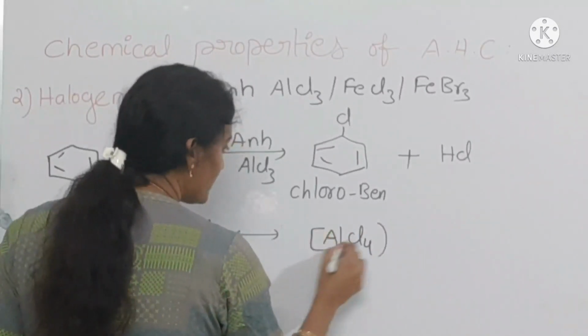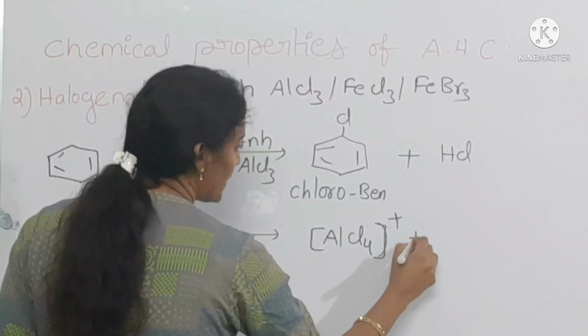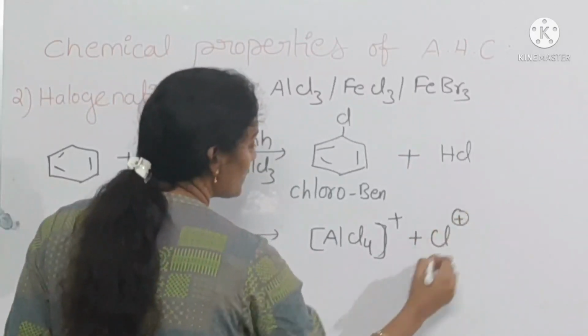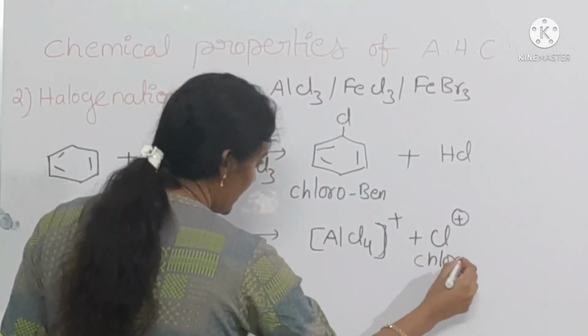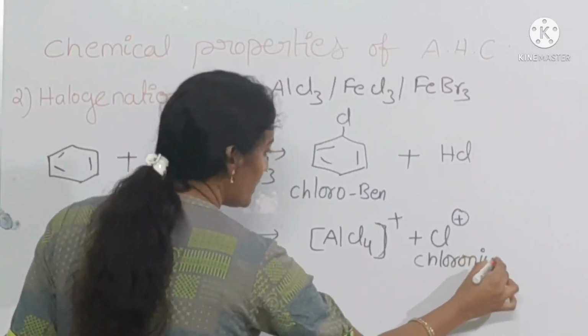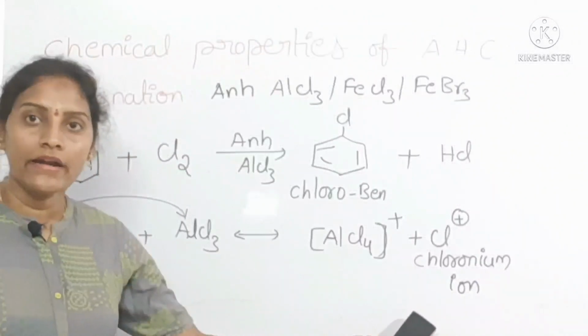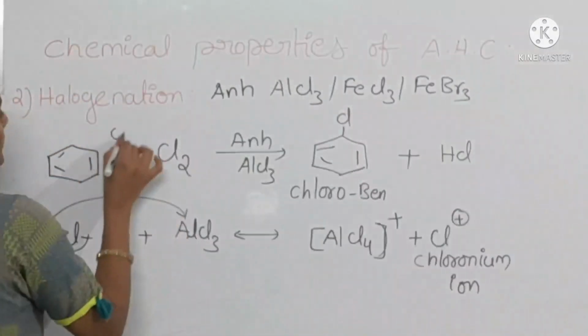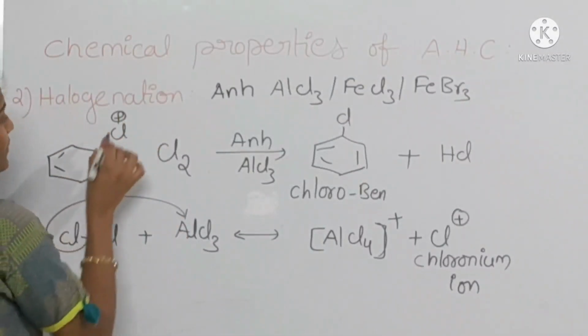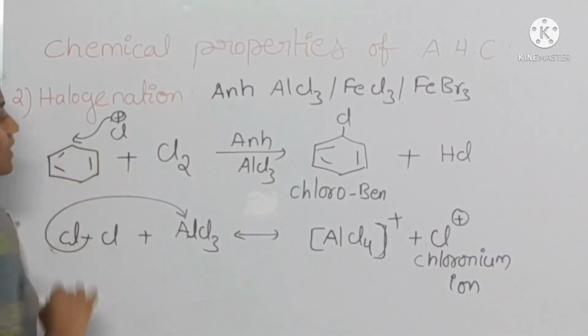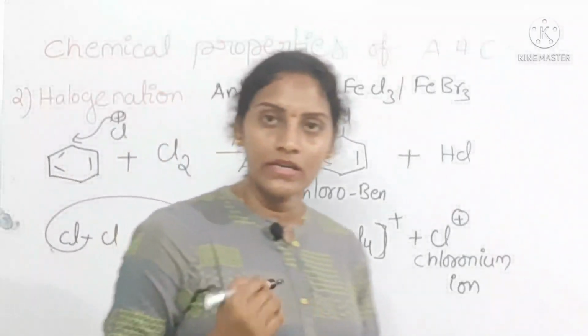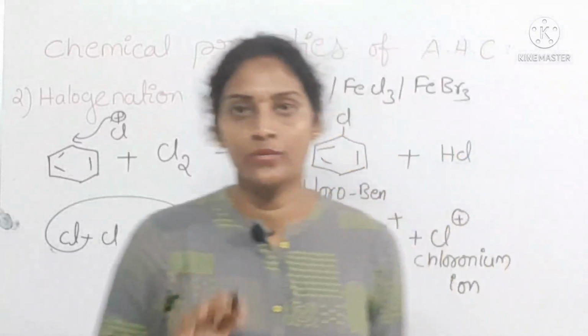So AlCl4 minus plus Cl plus, the chloronium ion, will be formed. This acts as an electrophile. This chloronium ion Cl plus will attack the benzene ring. Then chlorobenzene will be formed.